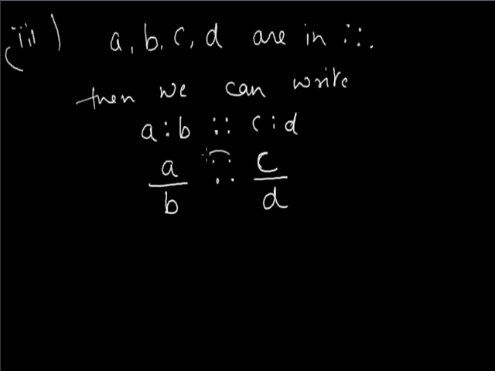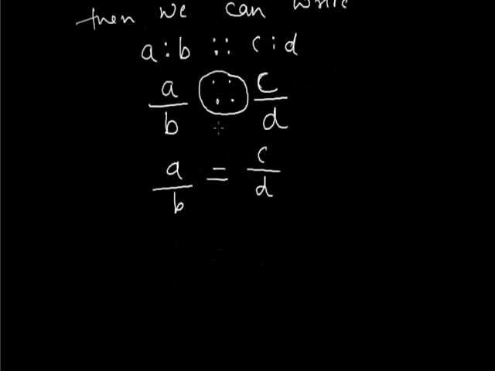Now this sign of proportionality can be replaced by the sign of equality according to the definition of proportionality. By using the concept of cross multiplication, I can state that this term is multiplied with a and this term is multiplied with c, and maintaining the sign of equality, I can conclude that a multiplied by d is equal to c multiplied by b.